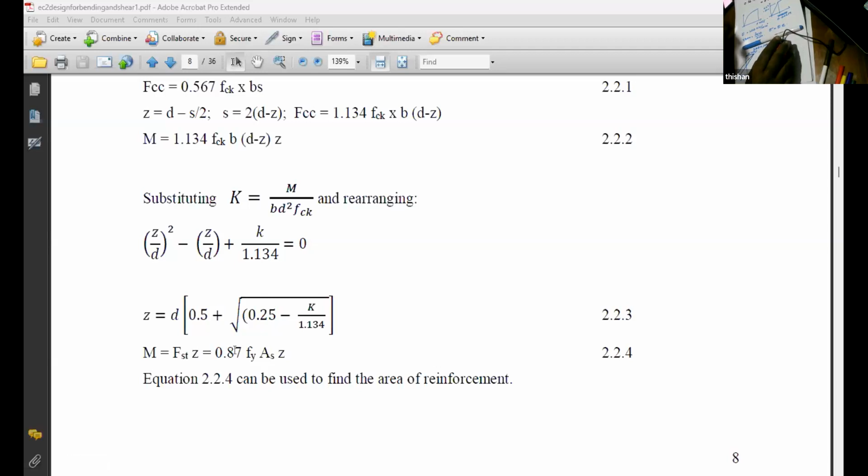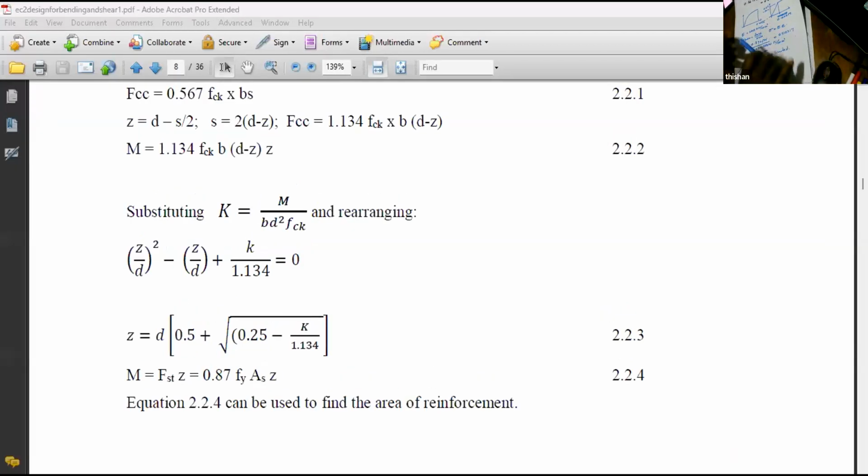M is equal to 0.87 f_y A_s times Z. So this magic number Z comes from this equation, and in this equation K is known, so that means Z is known. So moment, you know the bending moment acting on a section, say a simply supported beam, subjected to 40 kilonewtons per meter.